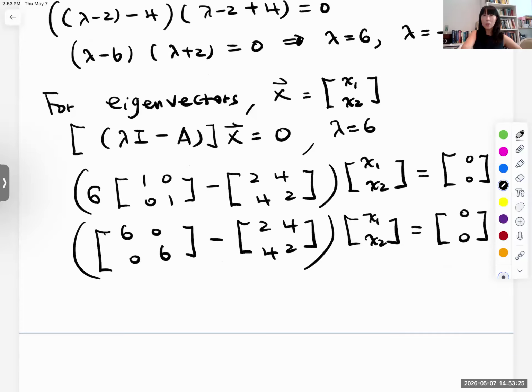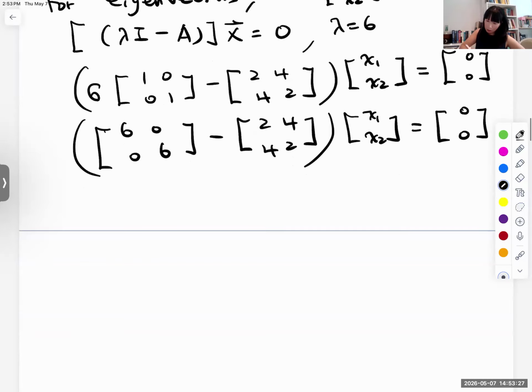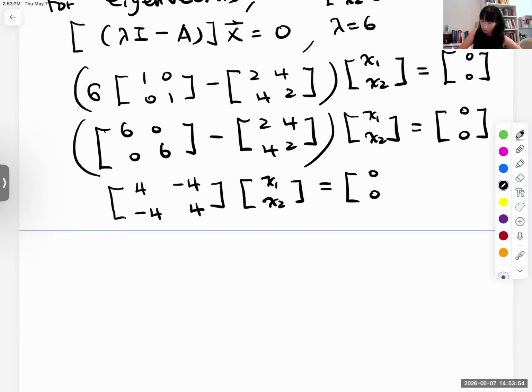Okay, now what do you get? 6 minus 2, which is 4. And the second one is negative 4. And the bottom has negative 4. Then last, we have a positive 4. Then we are using x sub 1, x sub 2 equal to 0, 0.